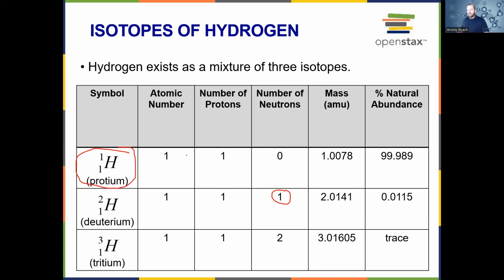Deuterium and tritium are different isotopes of hydrogen where there's still one proton, but there's more than one neutron. So deuterium has two neutrons, tritium has three neutrons. They all still have the one proton there. The neutron number has changed, and that changes the mass number as well.